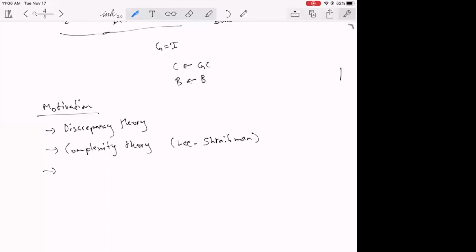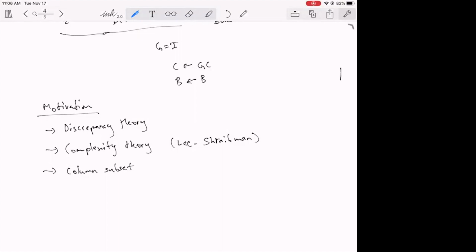Then Tropp had this really nice application to column subset selection. That is, you're given a matrix A and you want to show that it has a large, well-conditioned subset of columns, or you want to find it. And Tropp used Grothendieck factorization to give an algorithm for this.